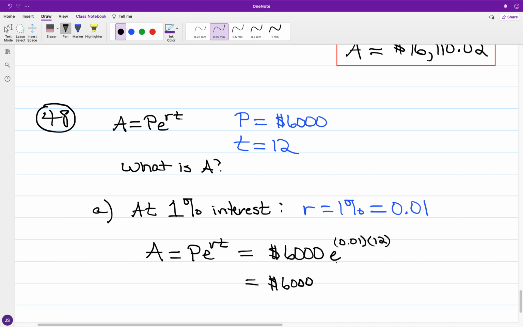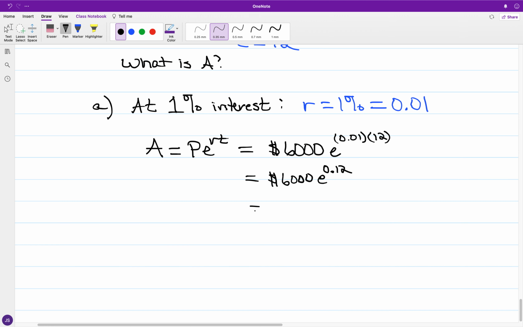For r times t, we're looking at e to the 0.12, and e to the 0.12, that number is right at 1.1274 and some decimal places after this.